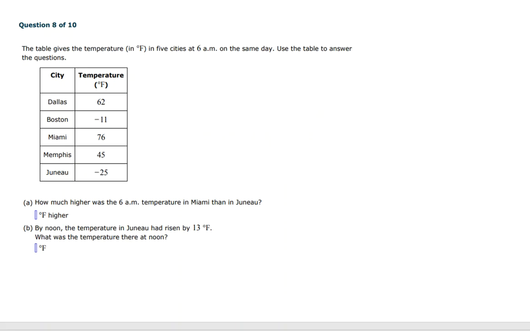Okay, let's look at another one of these types of questions, and then I think you'll be ready to do your assignment. So the table gives the temperature in 5 cities at 6 a.m. on the same day. Use the table to answer the questions. So how much higher was the 6 a.m. temperature in Miami than in Juneau? So let's draw our little thermometer here. If here's 0 and Miami is at 76 degrees Fahrenheit and Juneau is at negative 25 degrees Fahrenheit, how much higher was the 6 a.m. temperature in Miami than in Juneau?